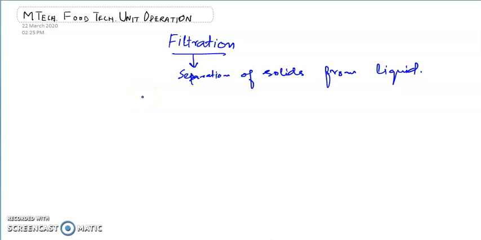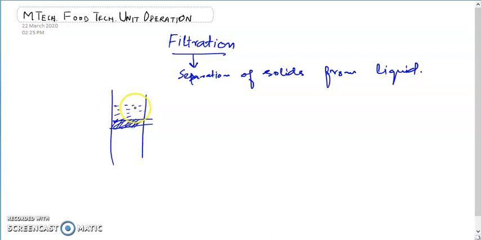So, suppose we have to separate any liquid having solid fraction present in it, and we use a filter medium to separate the solid from this liquid.